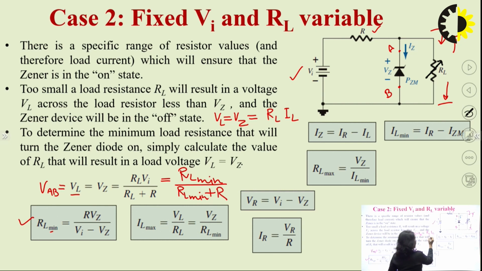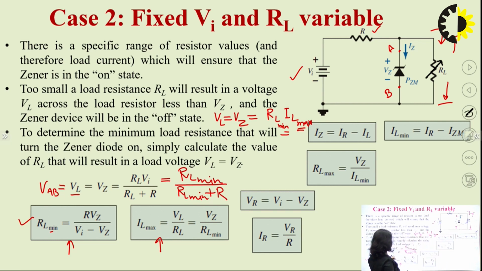So if RL is minimum, then IL should be maximum, then only we can get this fixed value VZ. So once we calculate this RL minimum, then IL maximum can be calculated, because this is known to us now using this equation, and VZ is also known to us. So by using this equation, IL maximum will be equal to VL by RL, which is nothing but VZ by RL minimum. So this is how we can calculate the maximum current flowing through the load resistance.